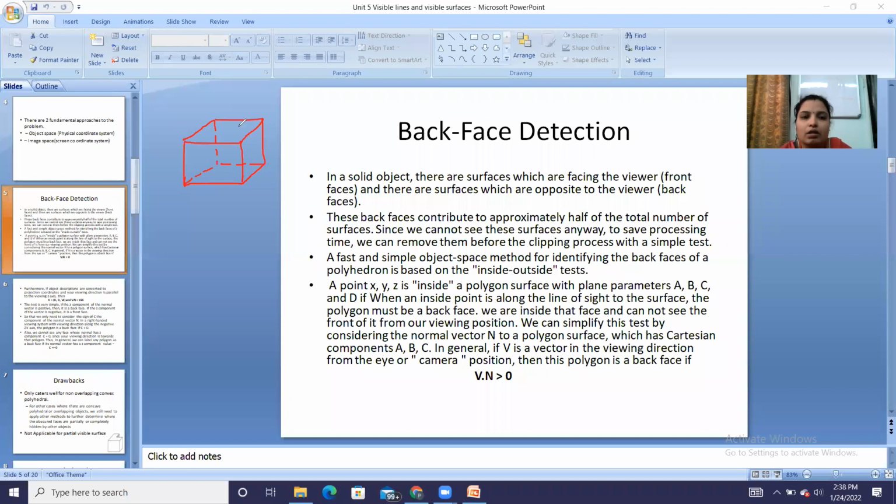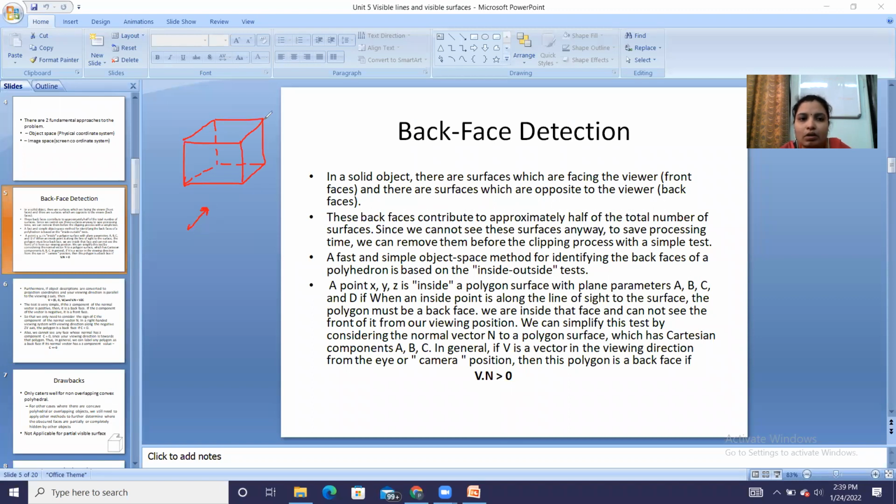This is the cube. The direction of the viewer, that is the camera or the person who is viewing this object, is this. So this is the direction of the viewer.